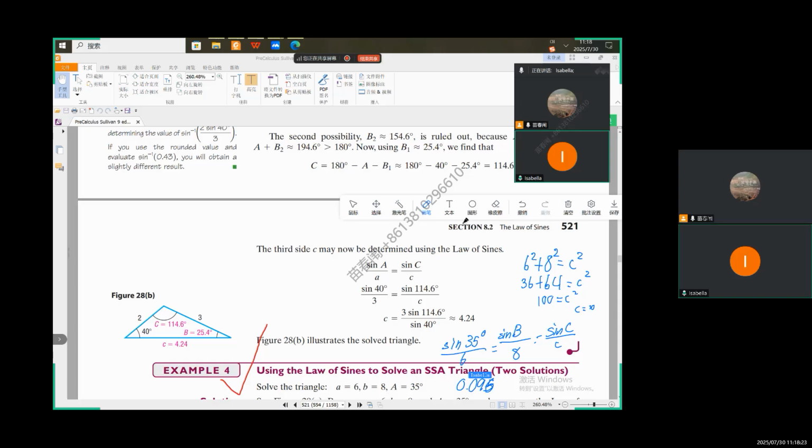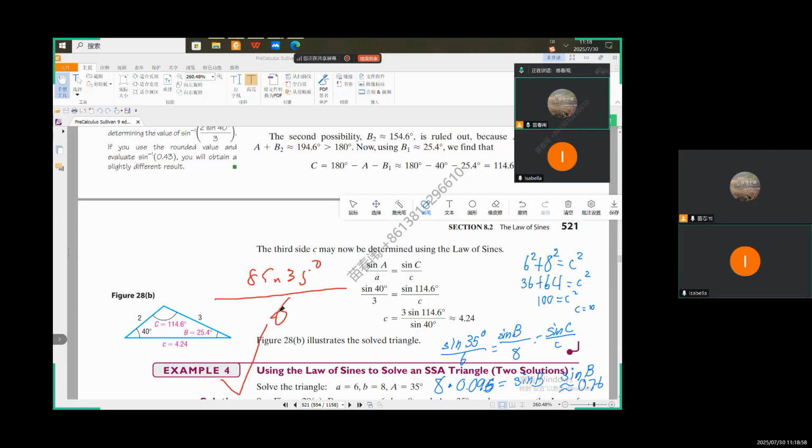Oh my god, Catherine, I'm busy. I'm doing class. This is sine B, right? Yeah. And sine B basically is 8, sine B, 35 over 6, is approximately 0.76. Okay, that means 0.76. Good.